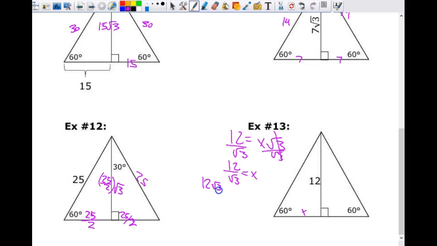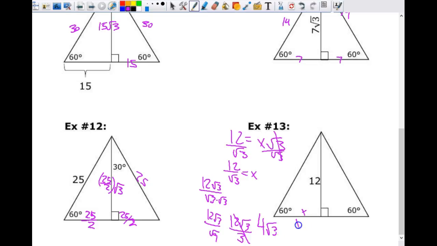12 times root 3 over root 3 times root 3. 12 times root 3 over root 9. 12 times root 3 over 3. 12 divided by 3 is 4. So we have 4, and what's left over? Root 3.